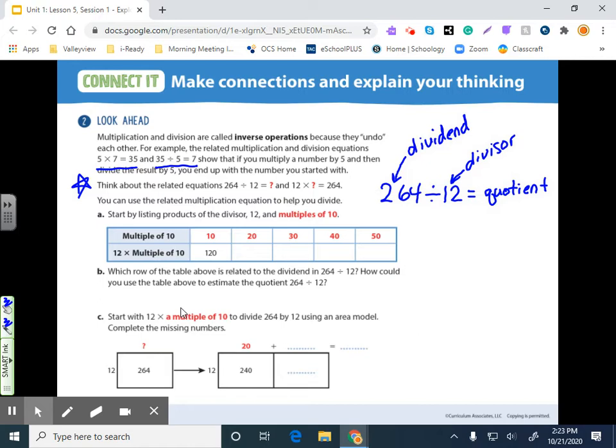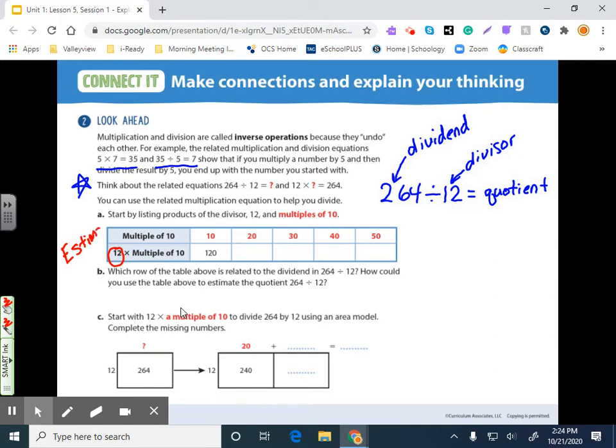Okay, so right below here, start by listing the products of the divisor 12 and multiples of 10. So again, our divisor is 12 and our multiples of 10, and we're using all of this to try to figure out how we can estimate.